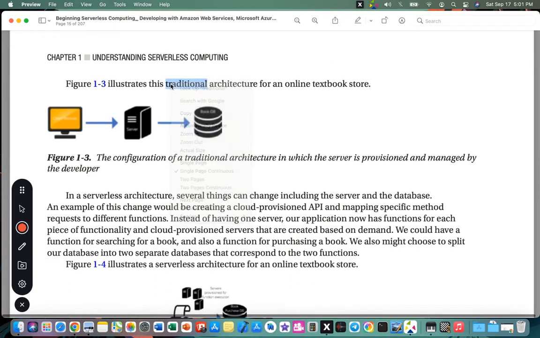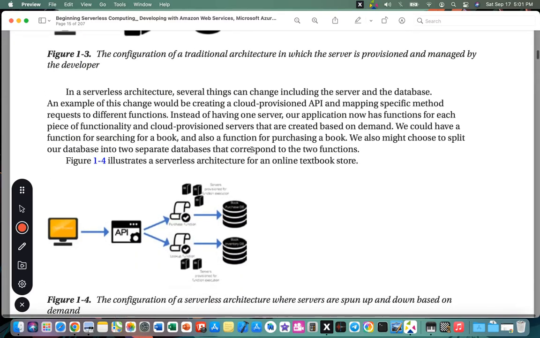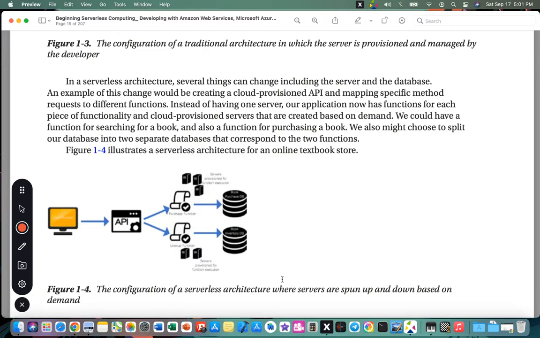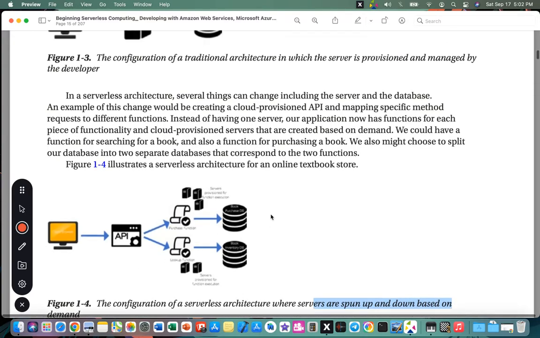This is the traditional. So you own the full cycle. In the serverless configuration, the servers are spun up and down based on demand.